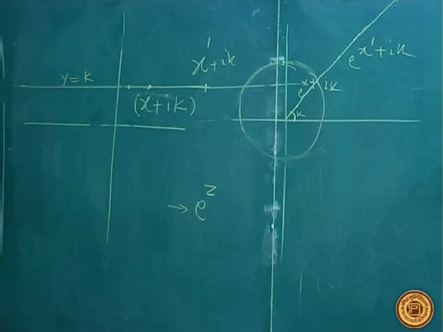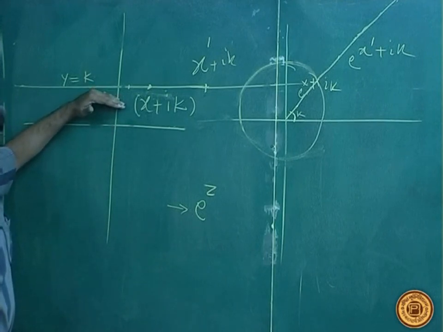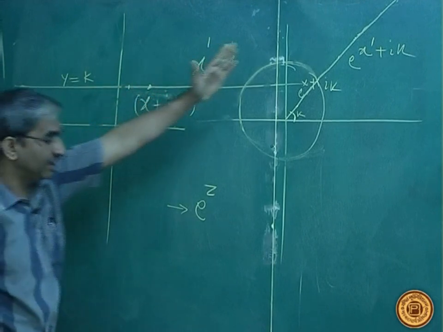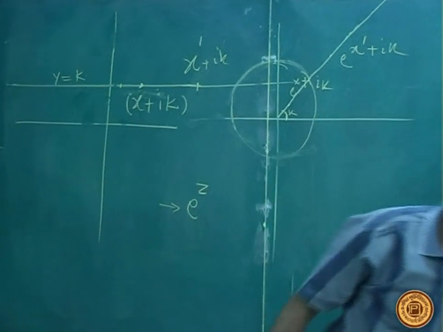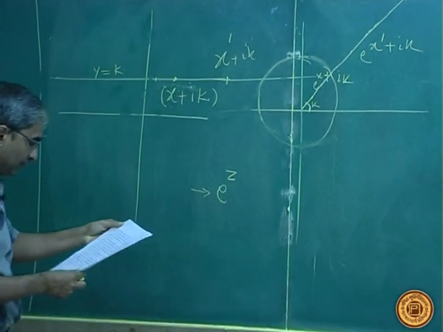So a line parallel to x-axis is mapped to a ray. It is written there. Now you read this point 5.